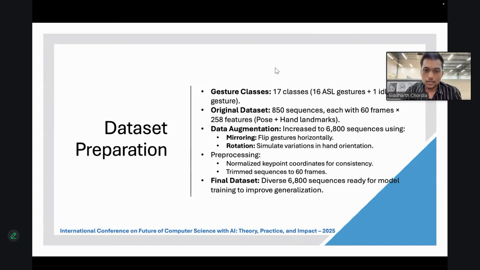I have also run augmentation, which is mirroring and rotating on the z-axis for different positions and variations, and also trimmed the sequence to 60 frames so that if the speed is very high, it is extended to 60 frames only. The final dataset is 68,000 sequences for model training.